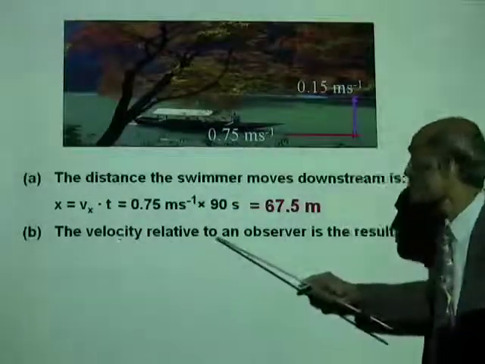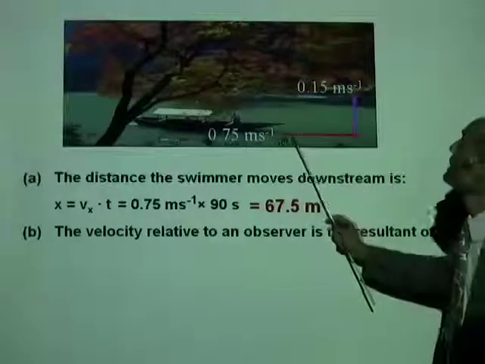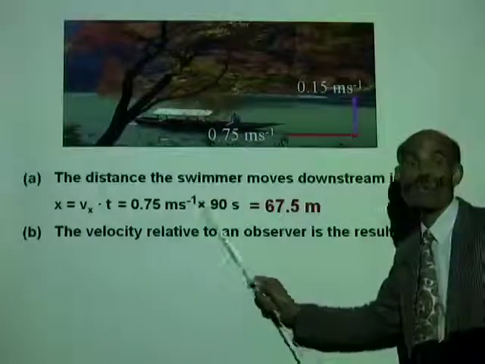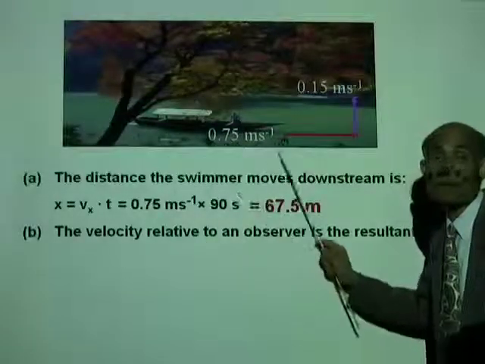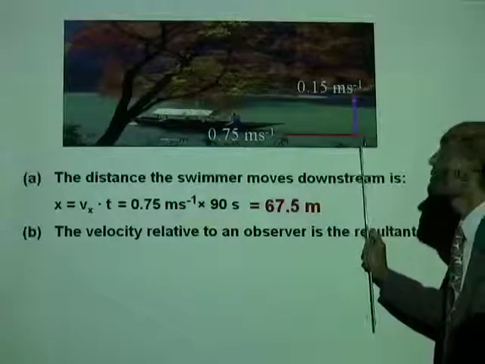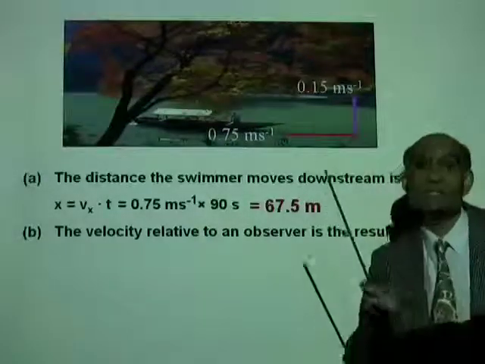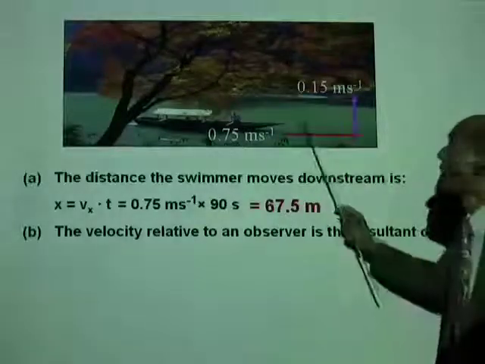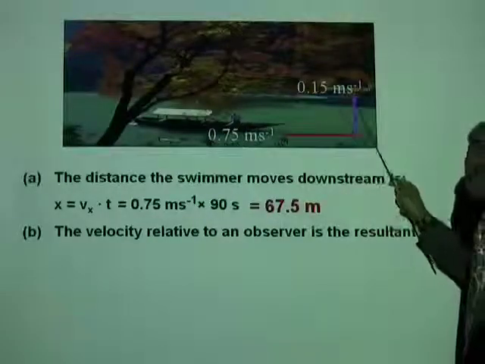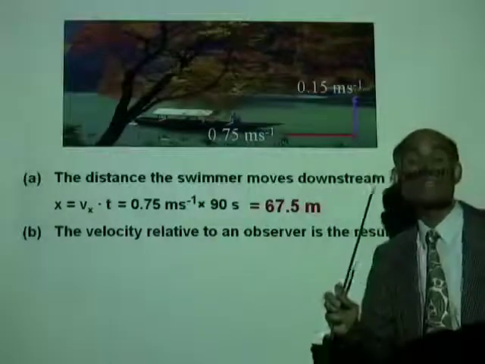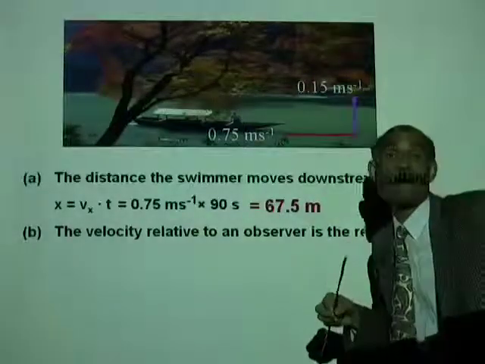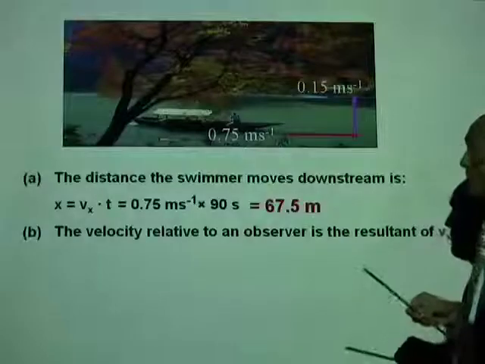The velocity relative to the observer is the resultant of these two velocities. When an observer looks at the swimmer, he will not see the swimmer going exactly down, nor exactly across the river, but he will see the swimmer going at an angle somewhere that way. And that is the relative velocity of the swimmer with respect to the man observing from the shore.